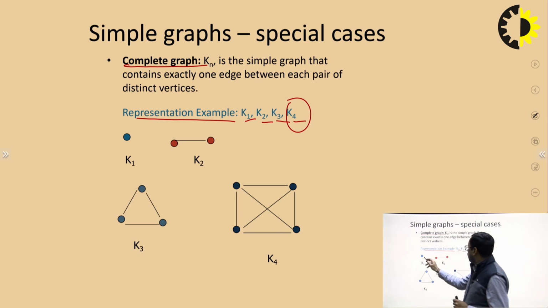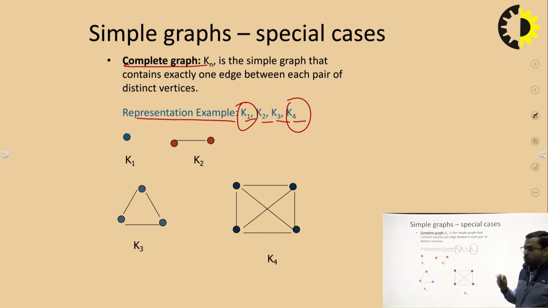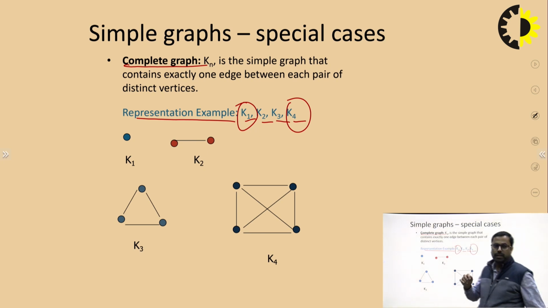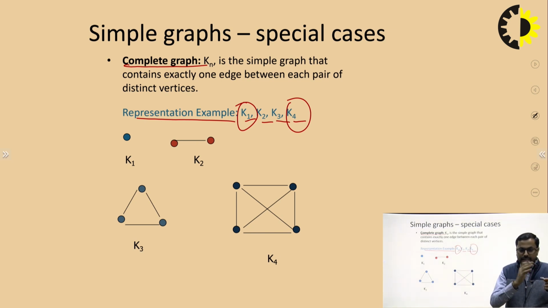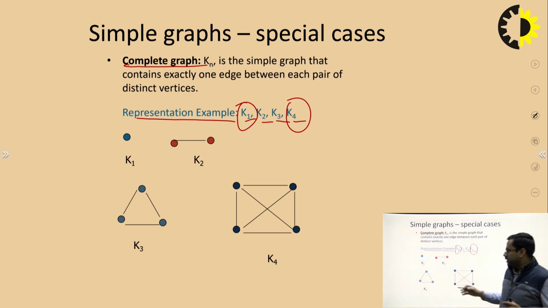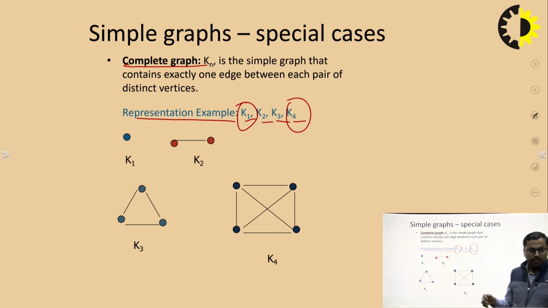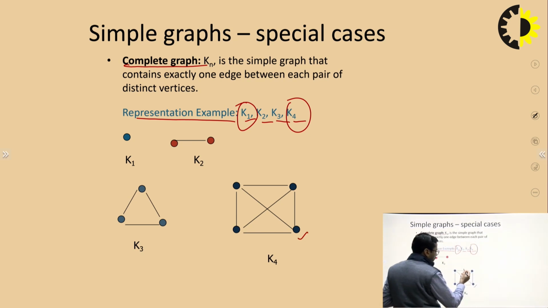For the case of K1, there is a single node, so it has no connection to another node. In the case of K2, two nodes exist with a direct connection. In the case of K3, the number of edges is 3, and each node is connected with every other node. In the case of K4, the total connections will be 1, 2, 3, 4, 5, 6.